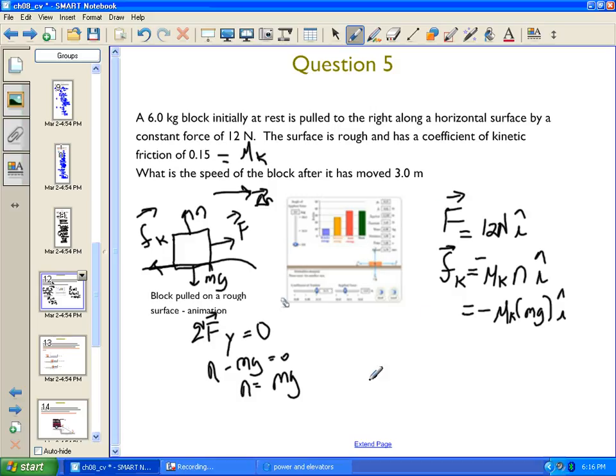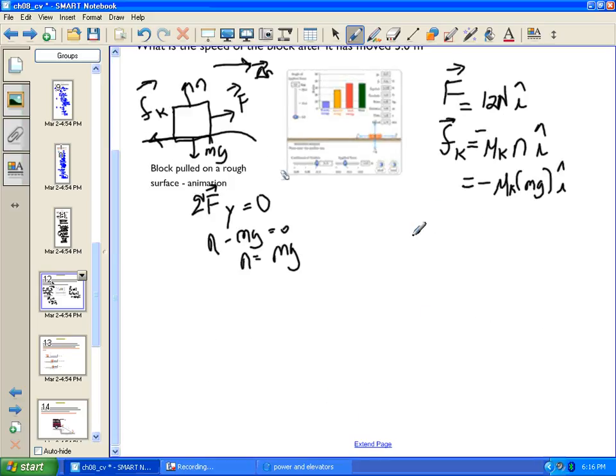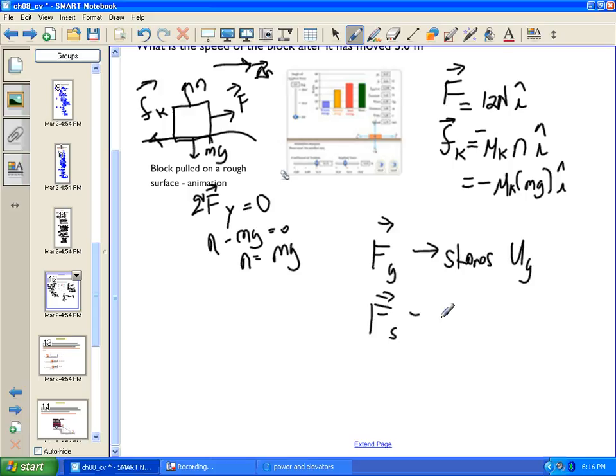Now, why do we need to know these forces? Because we know that Fg is conservative and therefore stores potential energy, Ug. Fs is conservative and therefore stores U sub s. But F itself we cannot assume is conservative, and certainly we know the kinetic friction is not conservative.